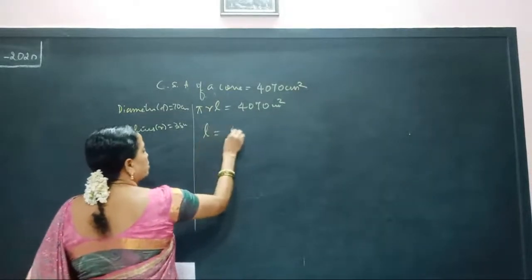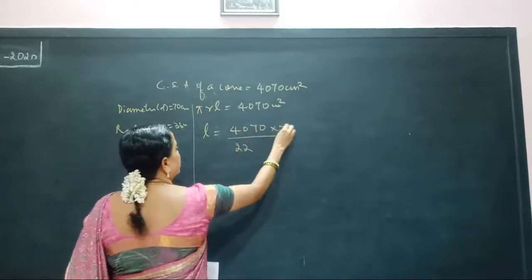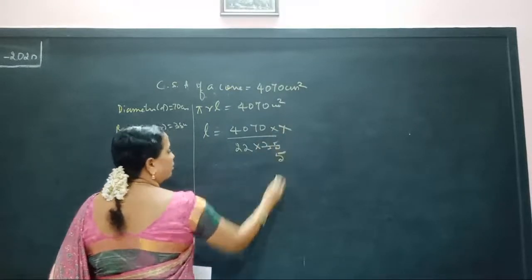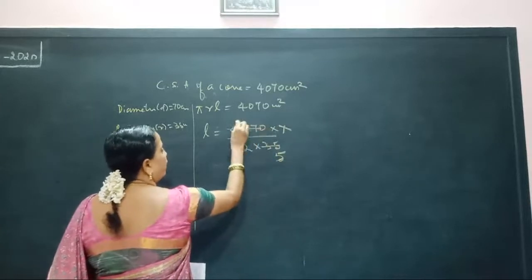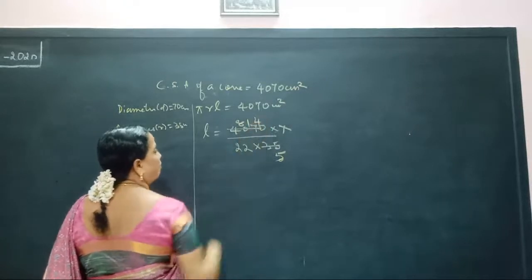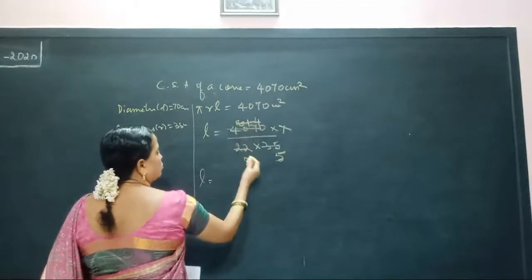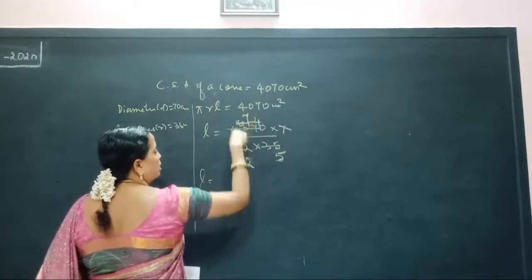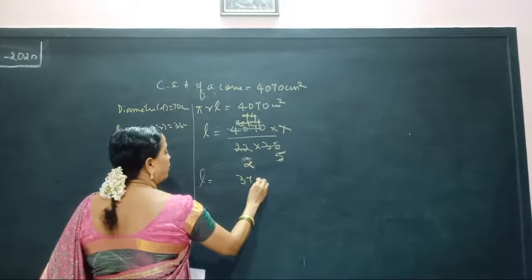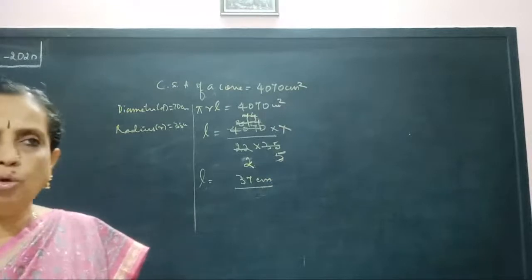Slant height equals 4070 divided by 22 by 7 into 35. 7 5s are 35, then 5 8s are 40, 5 1s are 5, 5 4s are 20. L equals 11 7s are 77, 11 2s are 22, 11 7s are 77, 11 4s are 44. So you will get 37 centimeter.